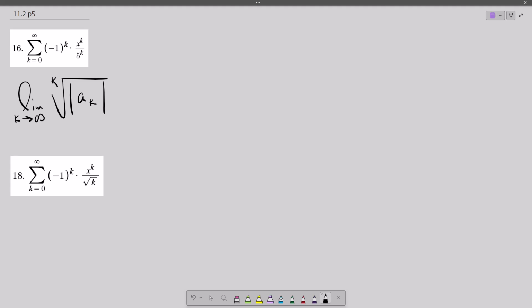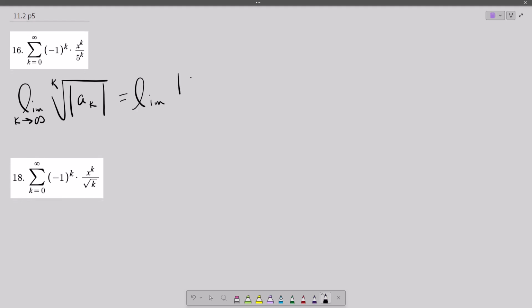So the absolute value of a sub k is going to ditch the switch. That thing is going to be gone. No more switch when we take the absolute value. Now the absolute value bars we still need though for the x's. So when we take the kth root of this, we are going to end up with the absolute value of x divided by 5. Do you agree?